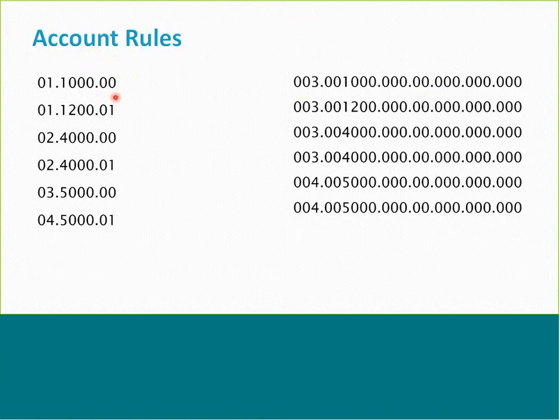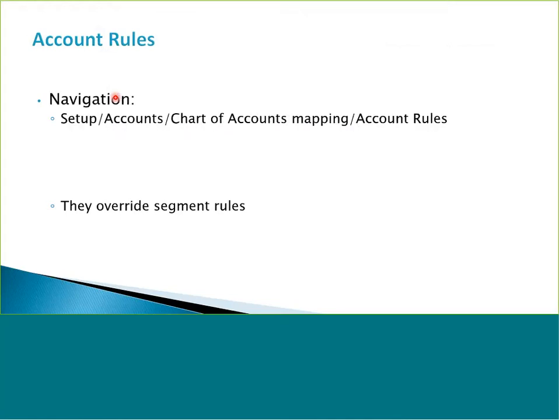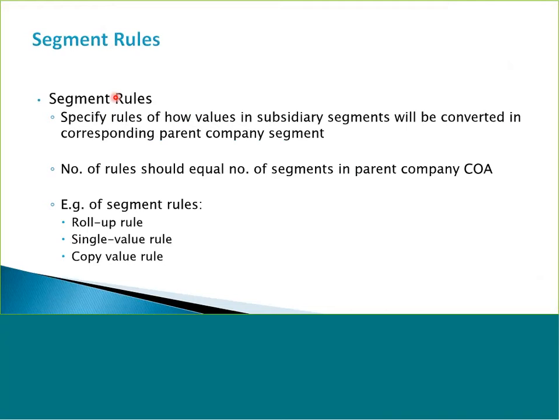That's just what I wanted to clarify. That's the assumption that we are making, and we will see how we do that when it comes to segment rules. Like we said, the number of rules should be equal to the number of segments in the parent company. So we have to create rules for each segment.